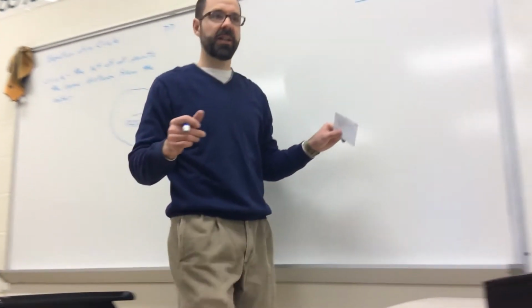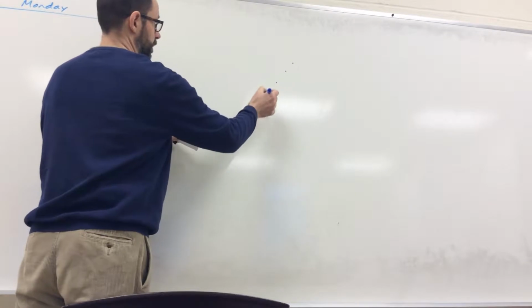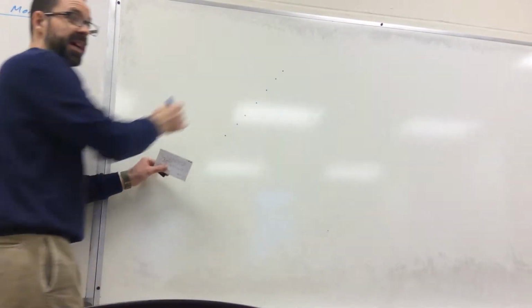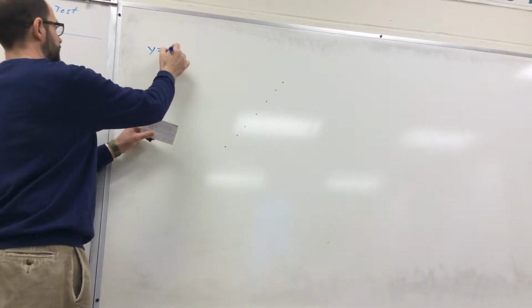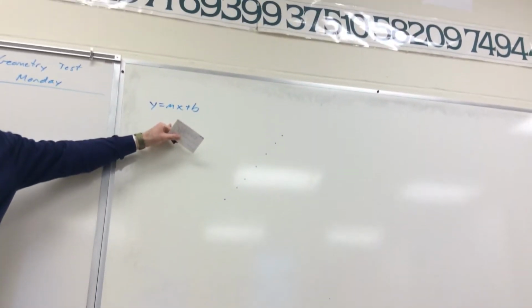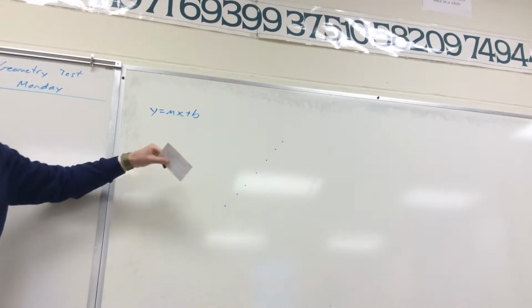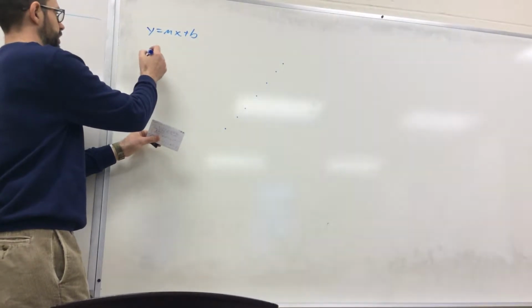But before we get to that, I want to remind you that for a line, for all the dots on a line, the template is y equals mx plus b. So maybe for a particular line, the slope is 3.